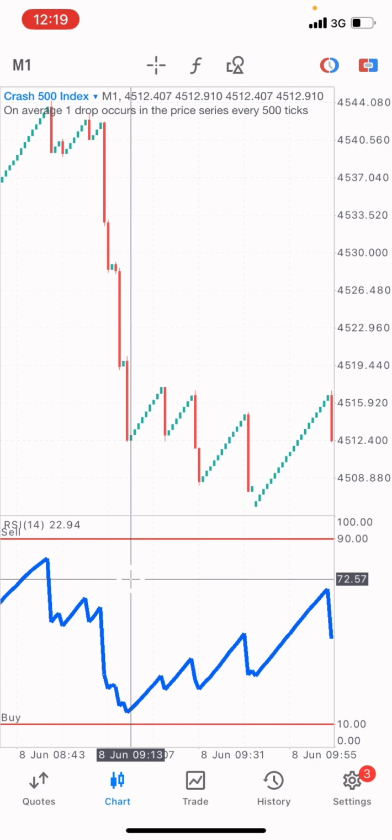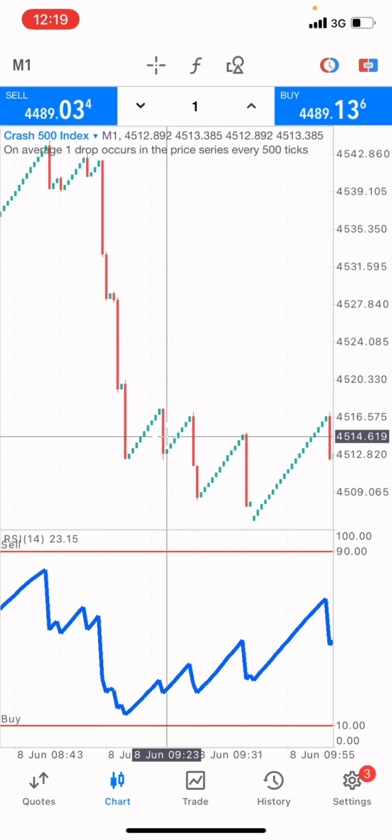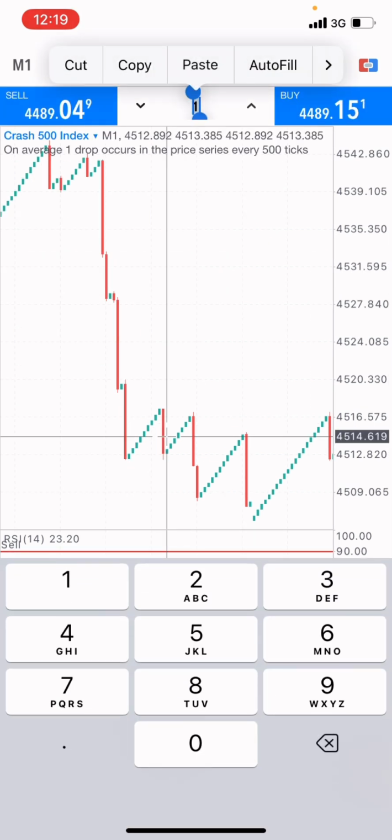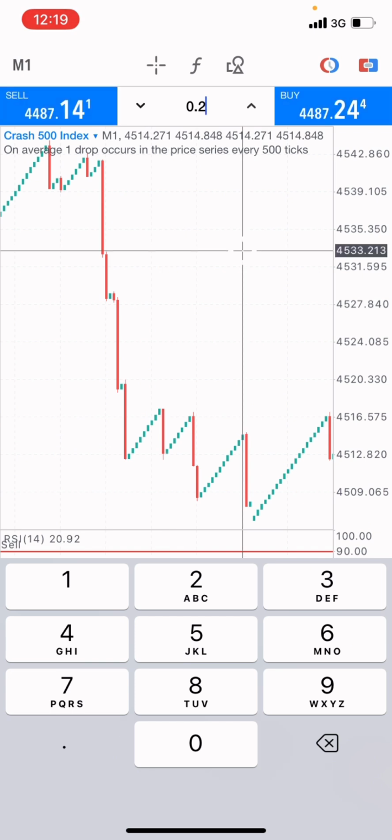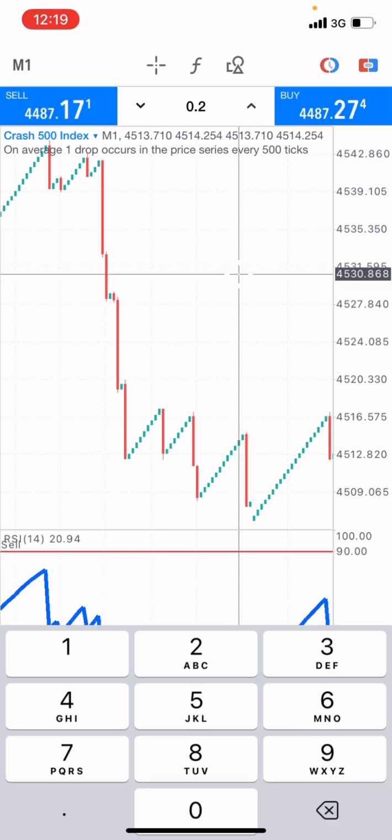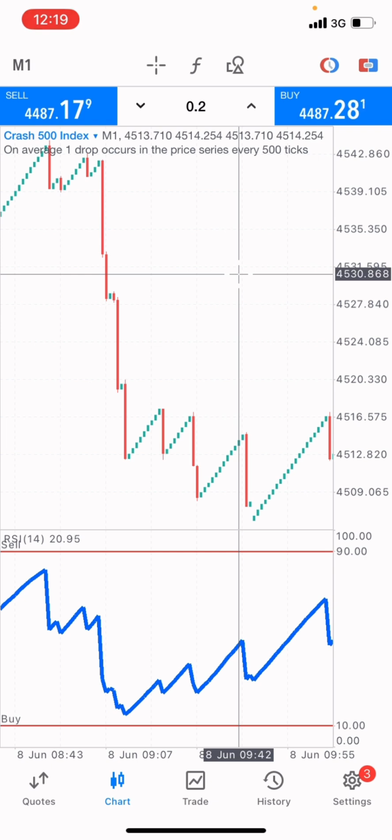Okay, let's say you are using a lot size of about 0.5, or let's say a lot size of 0.2 right here, and you are making about, let's say, 10 cents.